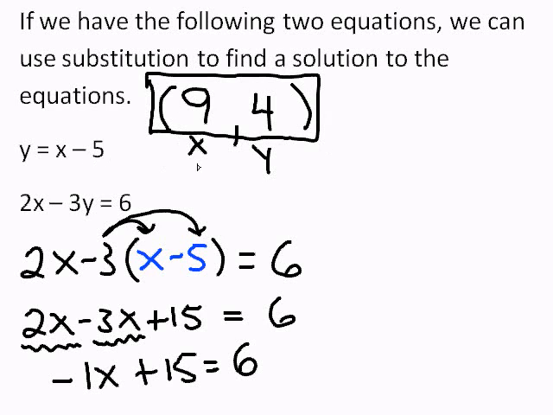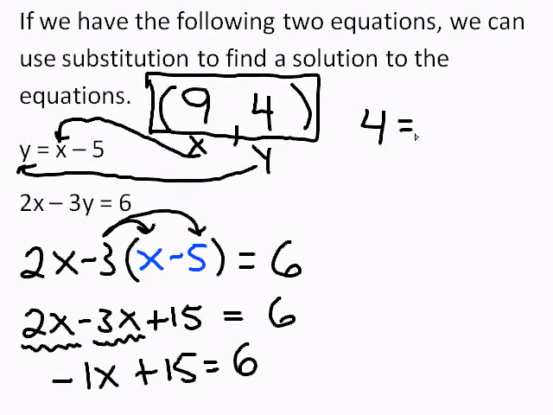This will leave me with, again, the 9 in for the x, and the 4 in for the y. Will leave me with 4 is equal to, our x is 9, minus 5. 4 is equal to 9 minus 5, which is 4, so our solution checks out for the first equation.